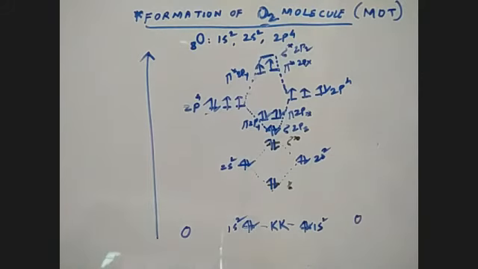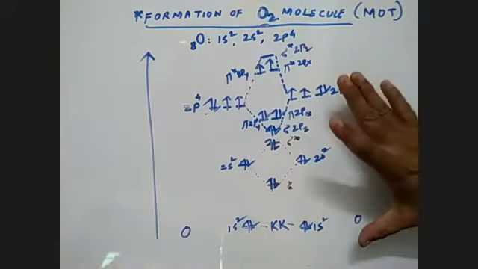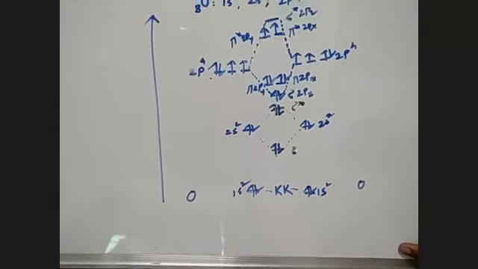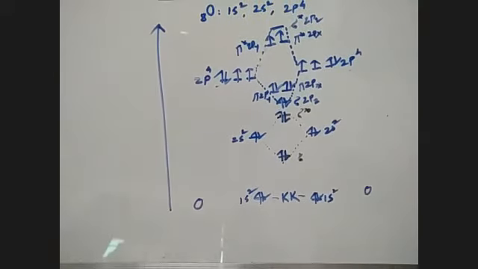So this is the MO of the O2 molecule. How can we write the electronic configuration?